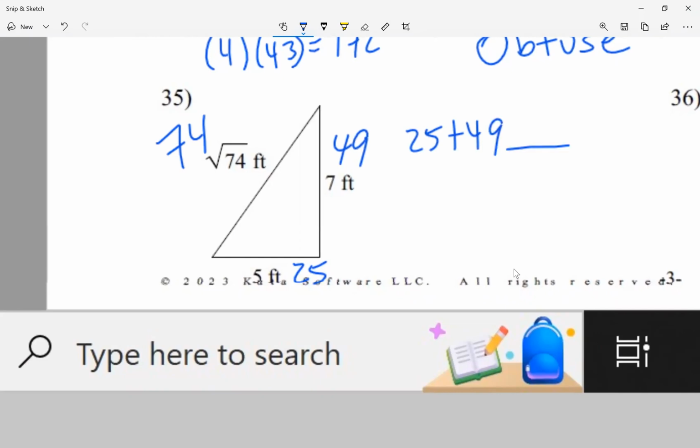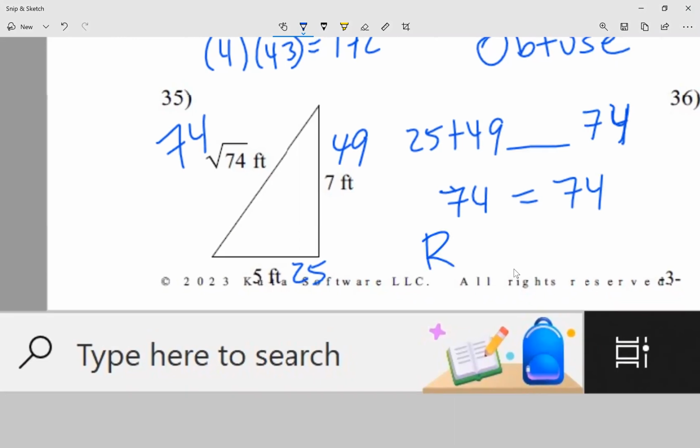Let me leave a space. 74. Now, 25 plus 49 is 74. The other side is 74. So 74 equals 74. So according to our formula, this is a right triangle.